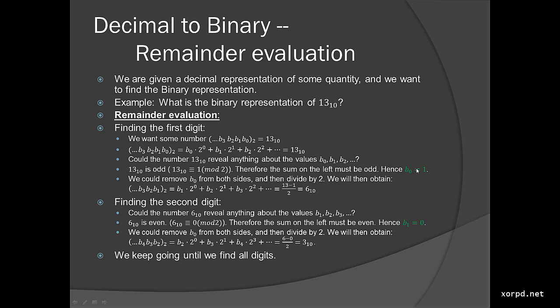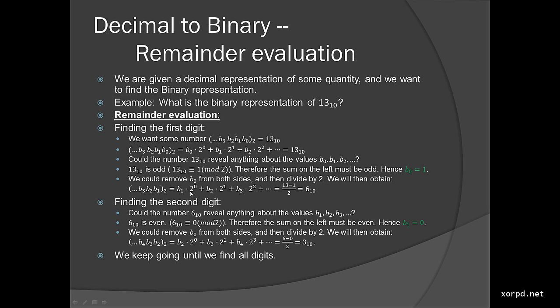After we concluded this, we want to move on to the next level. So we could remove B0 from both sides and then divide by 2. We remove it from this side and from this side. We are going to obtain this new equation. First of all, the number is going to be the same except for this digit, B0, which will disappear, and we have this new number.